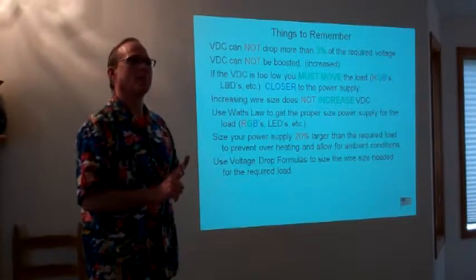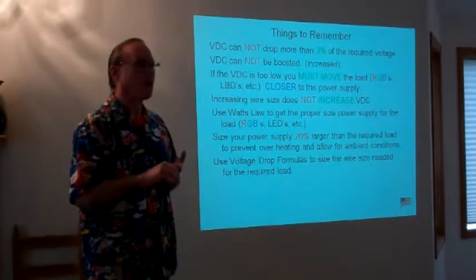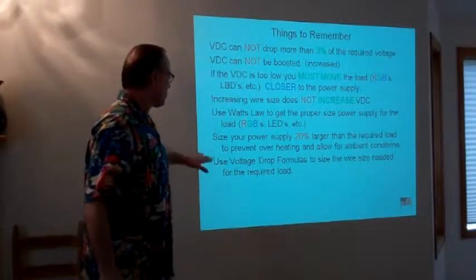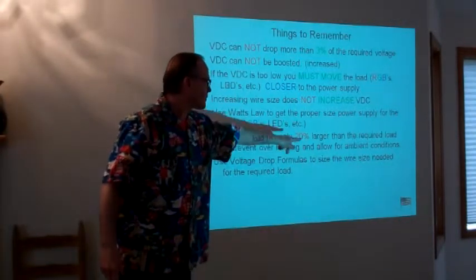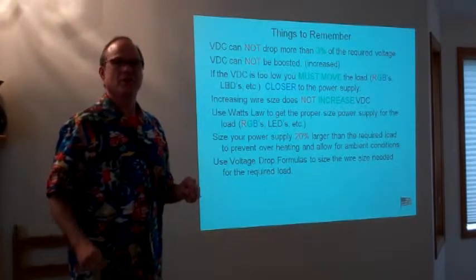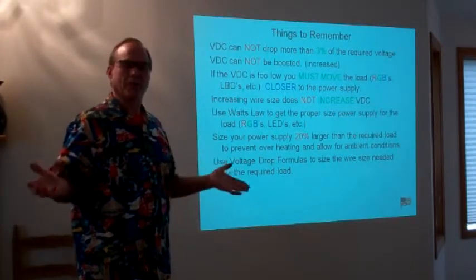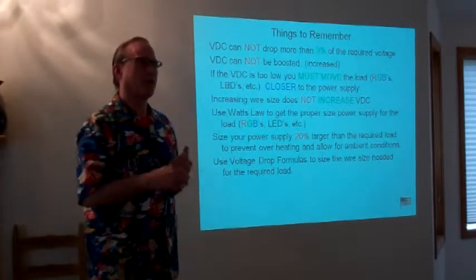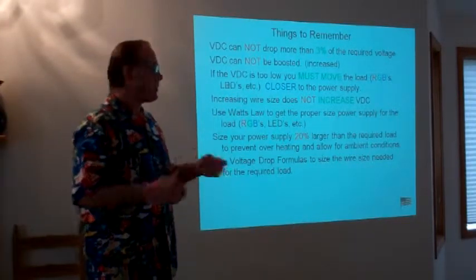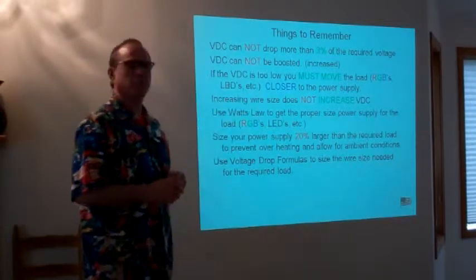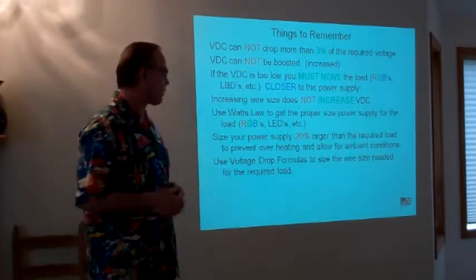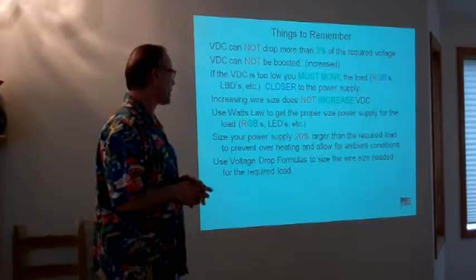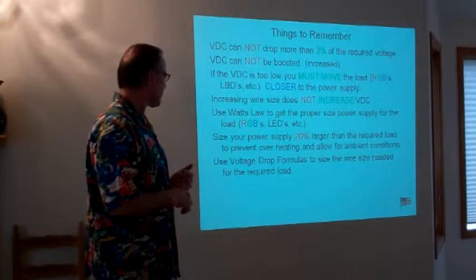I don't want to run my levels to the very top and wear things out, overheat them, and reduce the life expectancy. So basically, prevent overheating and allow for ambient conditions. Ambient conditions are those that are temperature related, things that happen out in the field. Maybe we have some corrosion taking place out there that changes things for us. These are things that are around our displays, around our light sources, and around our power supply. So that 20% in there allows for that particular overcompensation, if you will.